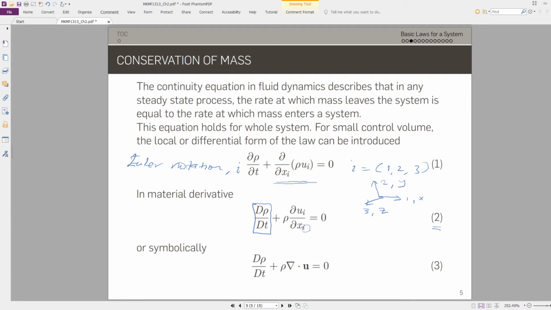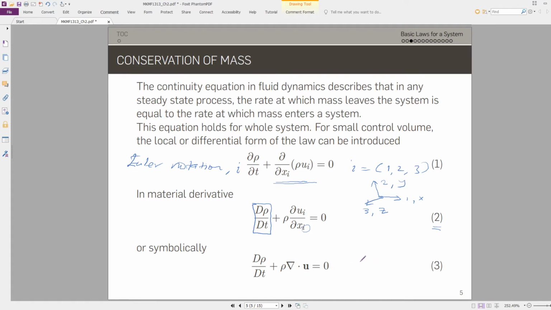So i here again represents the Euler notation, which again represents the directions of the flow, whether it is in the x, y or z direction. So these material derivatives can also be expanded. Actually, this is the short form of the conservation of mass or continuity equation. But this can be expanded so that you can get a full expression of the conservation of mass.